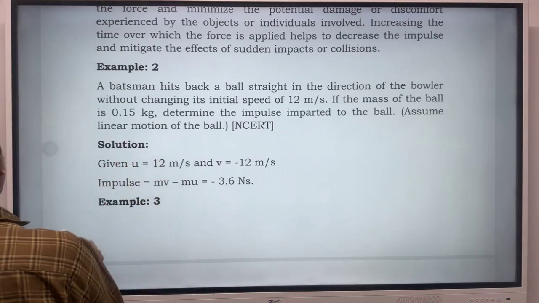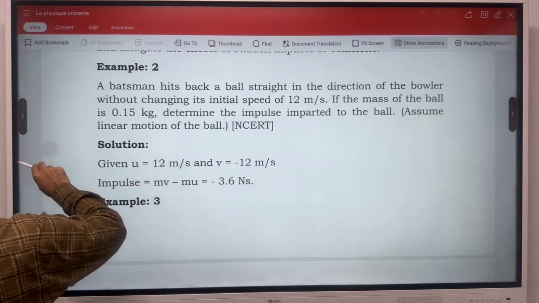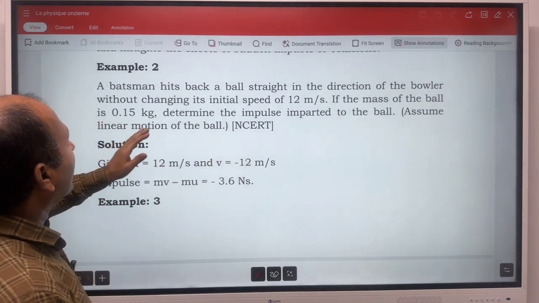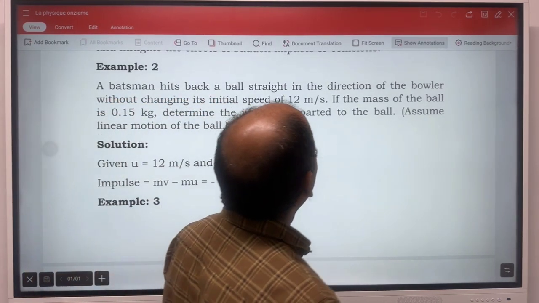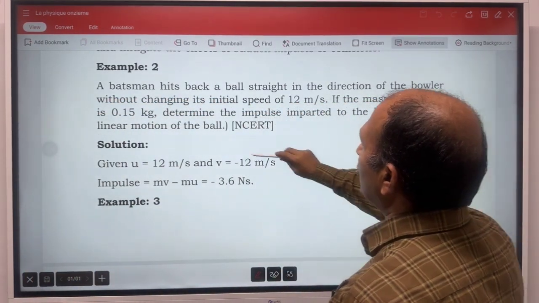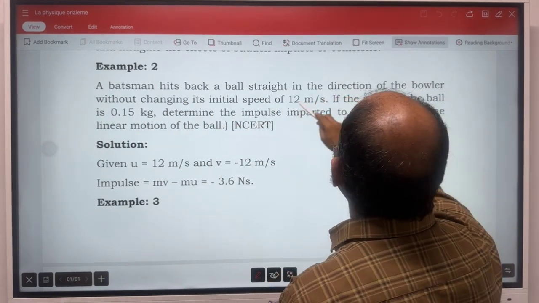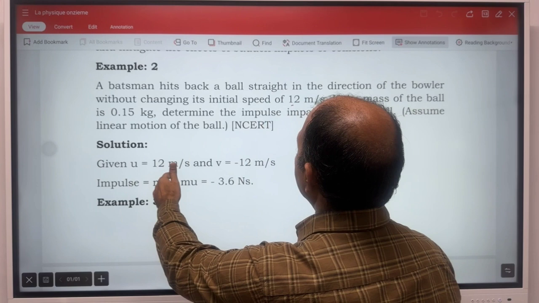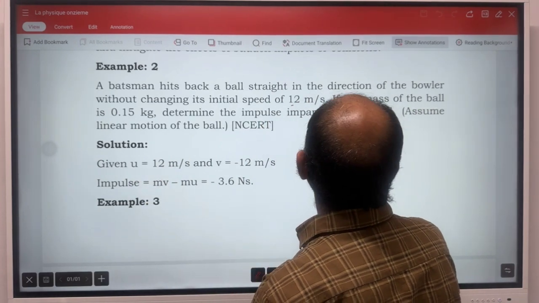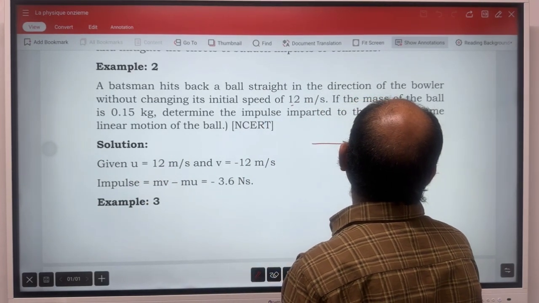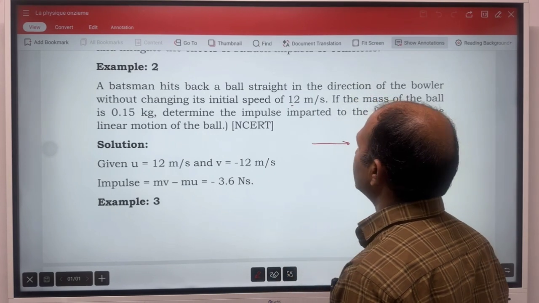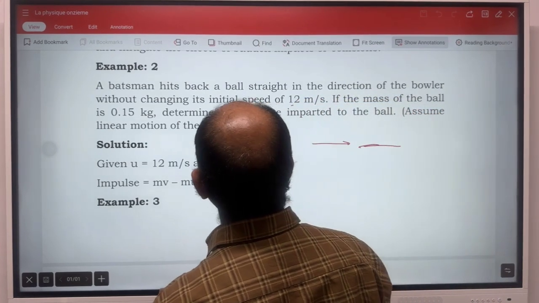If the mass of the ball is 0.15 kg, determine the impulse imparted to the ball. So the question is simple. Here the ball is moving with 12 meter per second initial speed and the same final speed. It was moving in this direction and then starts moving in the opposite direction with the same speed, only direction is changed.